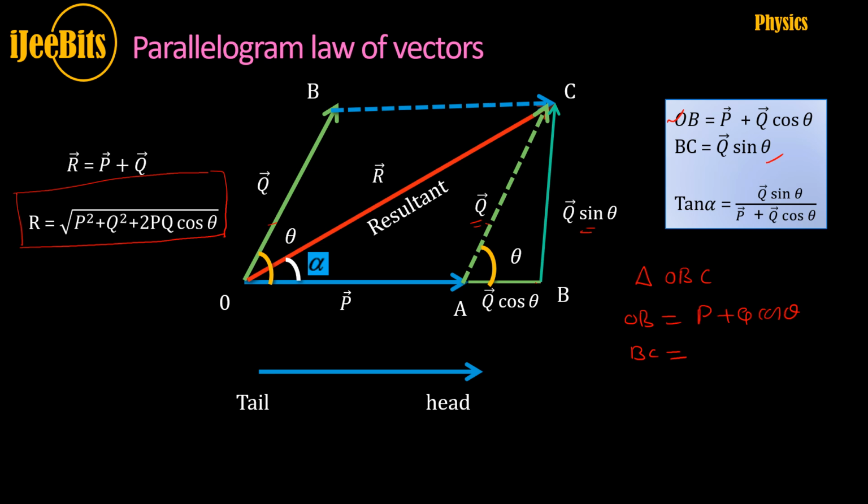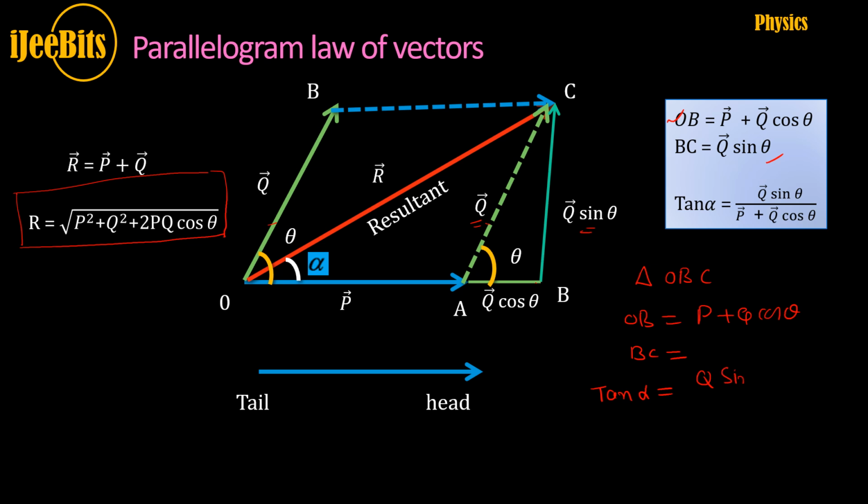Both are there. So now calculating the alpha angle. The resultant making an angle with the horizontal is alpha. So tan alpha would be, what is the formula? Tan alpha is opposite by adjacent, right? So I think this is wrong.